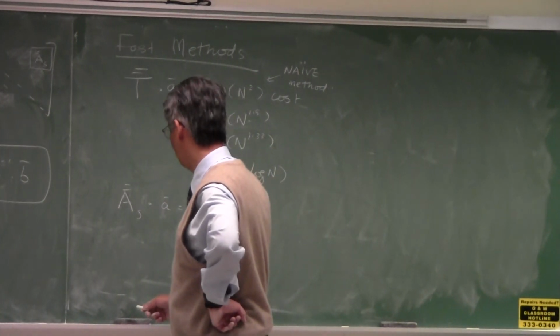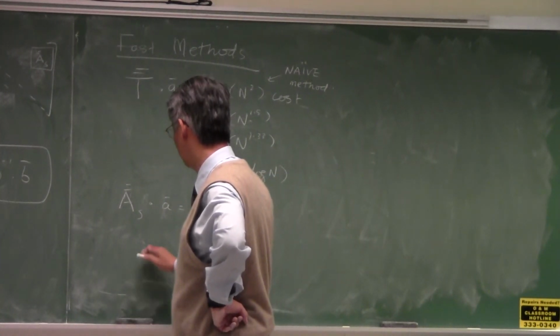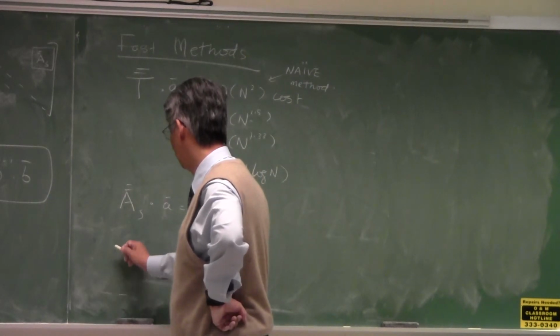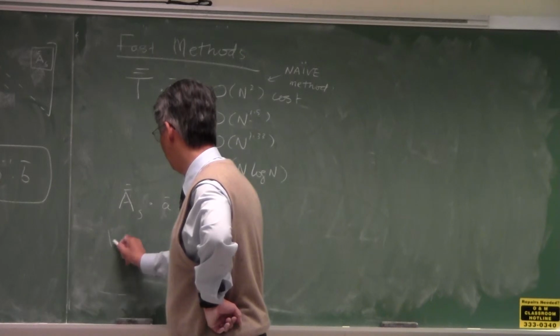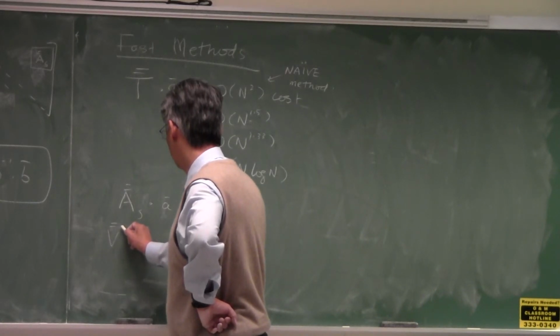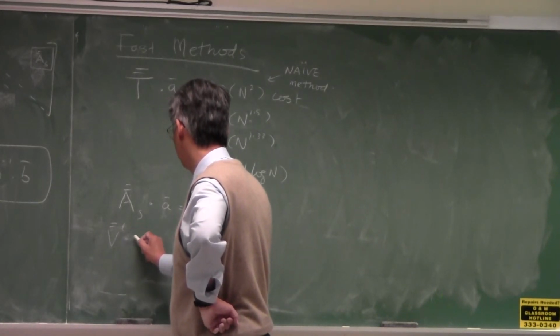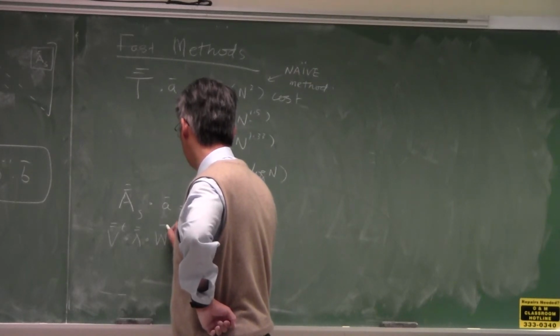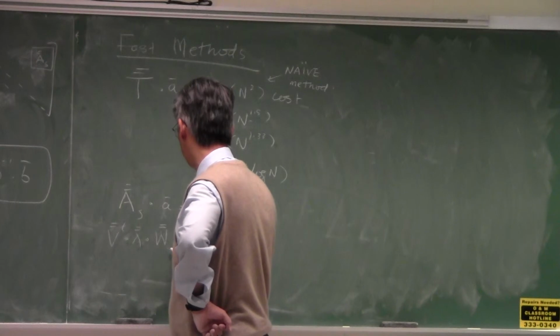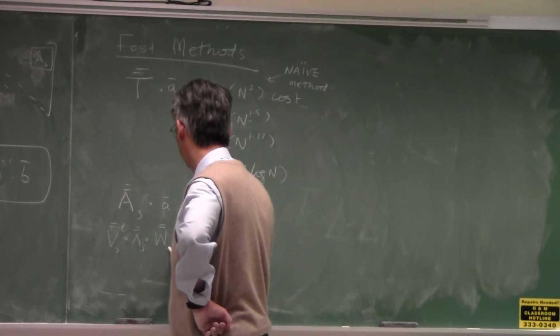One simple way is just to do a low rank approximation, to write this as maybe B transpose dot some singular value and W. You might be able to decompose this matrix in this manner.